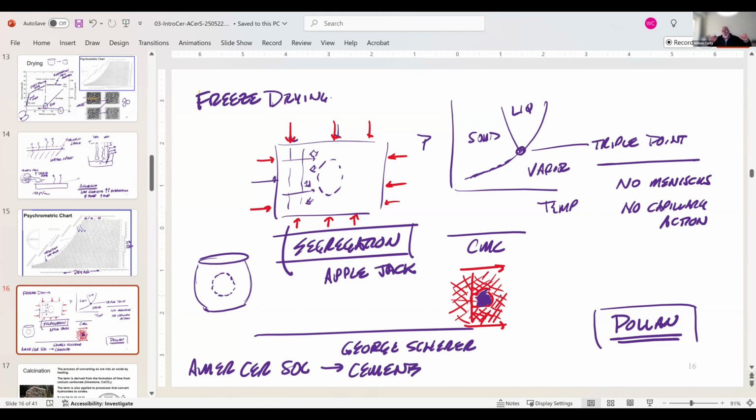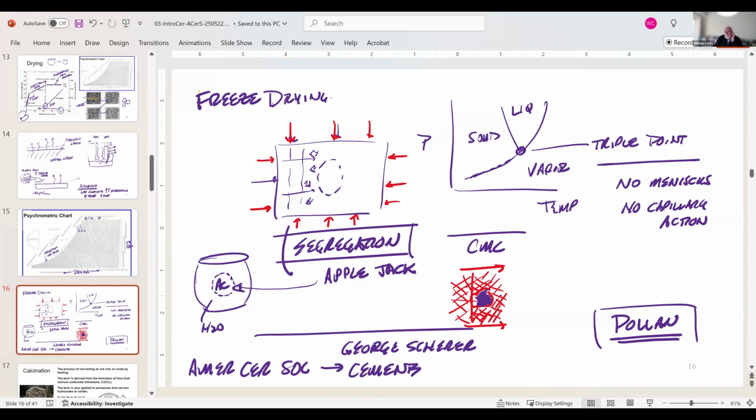Particles are unaffected, but what is dissolved in the water does not fall out until you supersaturate that system. In the case of Applejack, by freezing, this is all the water in the system, and this is the alcohol here in the center.